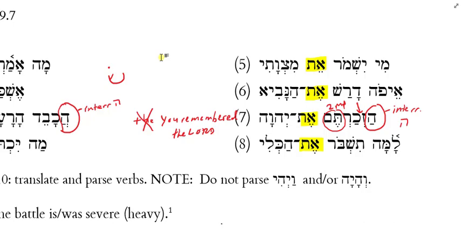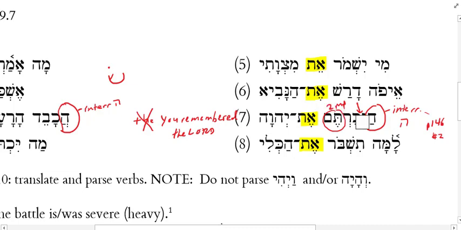Ah, right. Very good. If you go to page 146, okay? Page 146, and it's number 2 under the interrogative hey. Before gutturals and before words that begin with vocal shava, the form marked is ha with the patah. Okay?